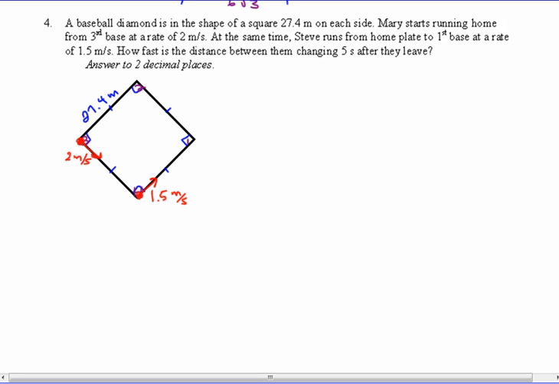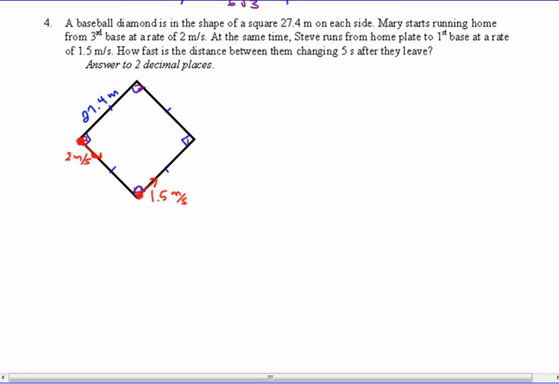So we can figure out their distances given the time. If she's moving 2 meters a second, 5 seconds later, how far did she travel? 10 meters, right? So what shape are we going to get? A triangle.